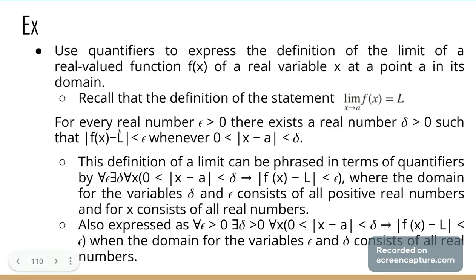Please learn the definition, the statement of limit of a real valued function f of x by heart, because other questions can also be asked. If you don't remember, please learn this by heart.